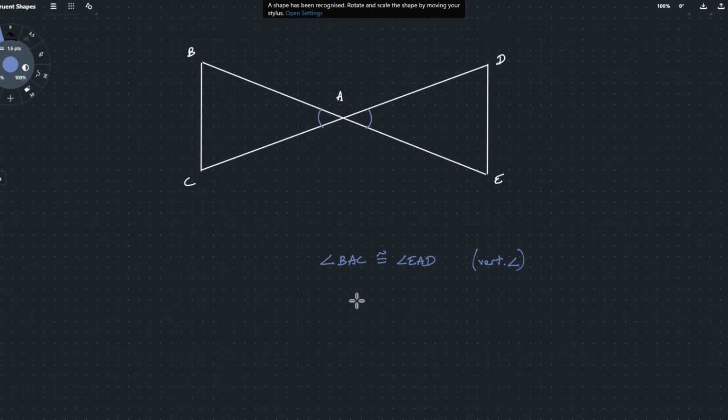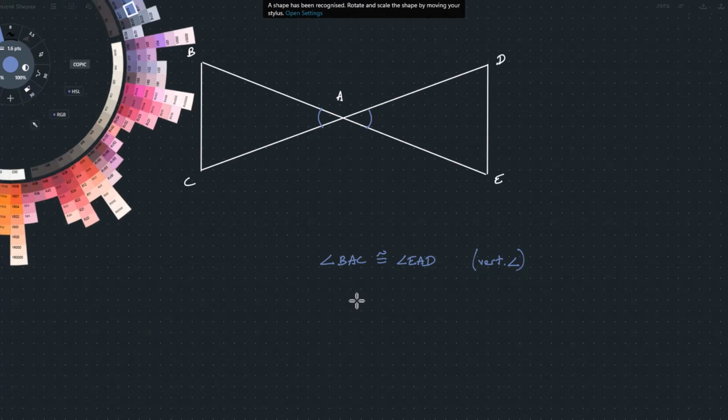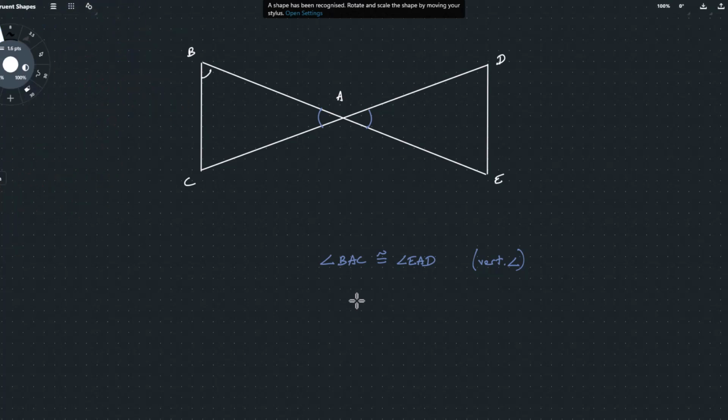Let's say I am also given that angle B and angle E are congruent. So angle B is congruent to angle E. We'll say that's a given. Well, if I know this angle is, and I know this angle is, I know all the angles inside a triangle have to add up to 180 degrees.